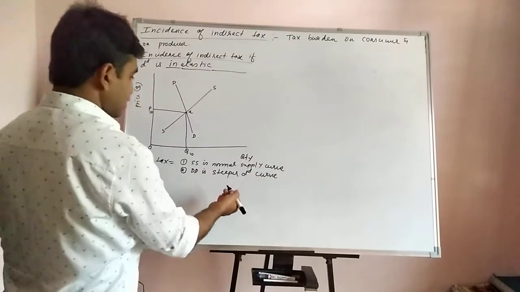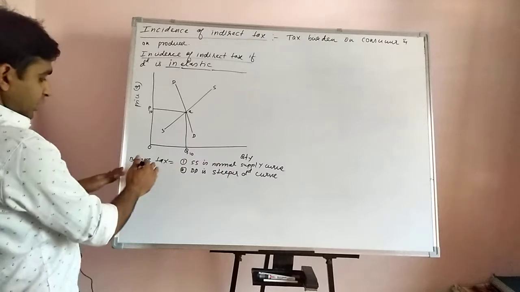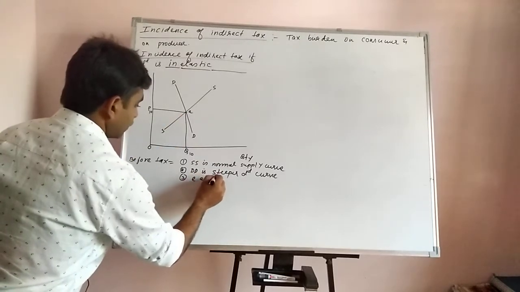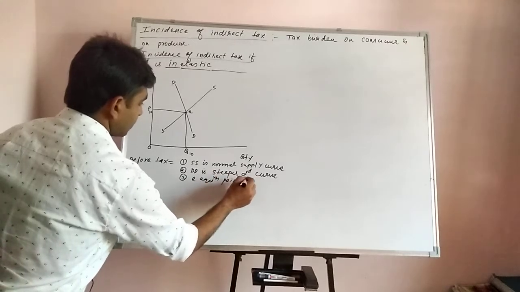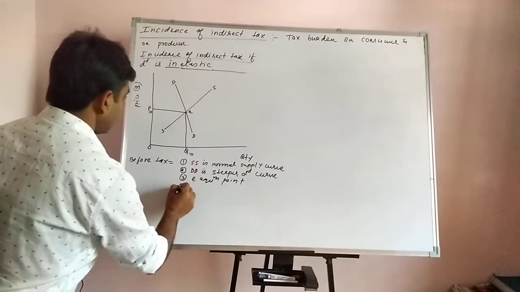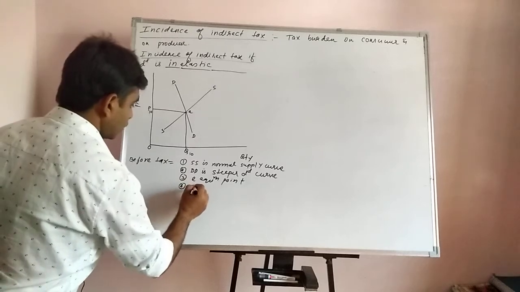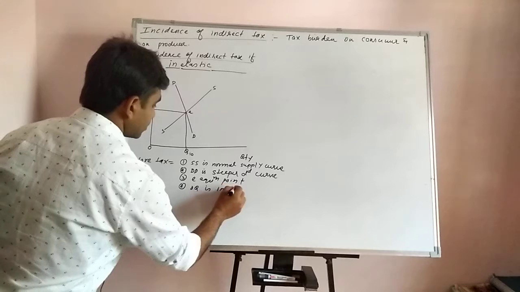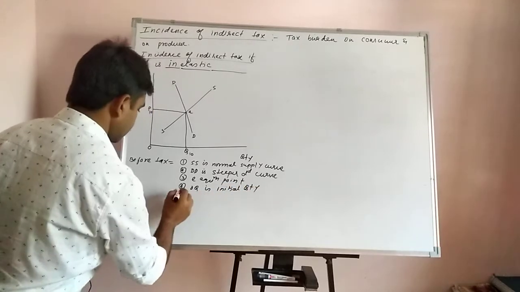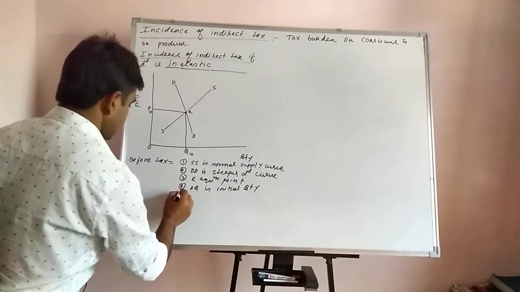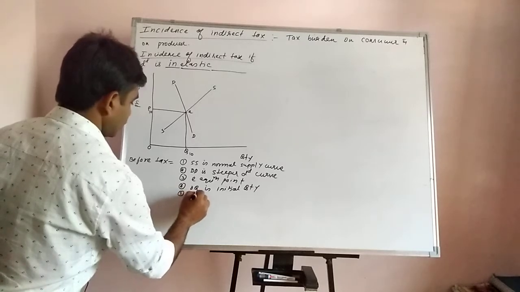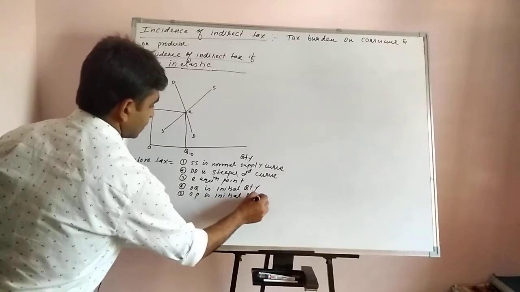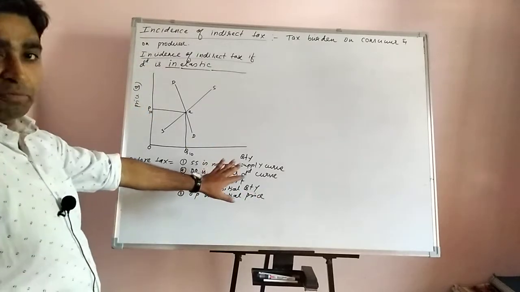Okay, this is the initial stage, before tax. Third number is our equilibrium point, and fourth we have 0Q is initial quantity, and fifth point 0P is initial price. So this is the situation we have before tax.